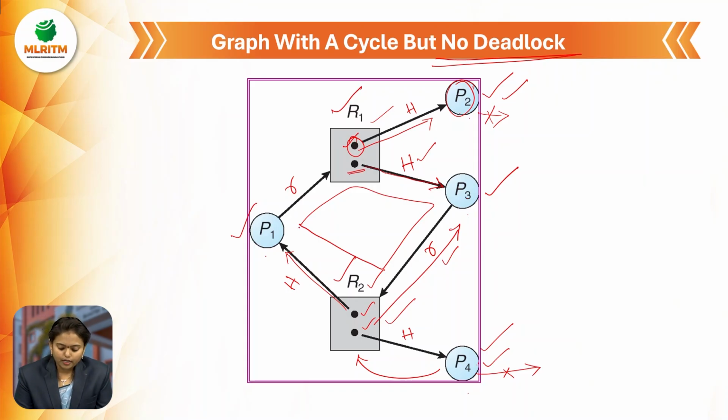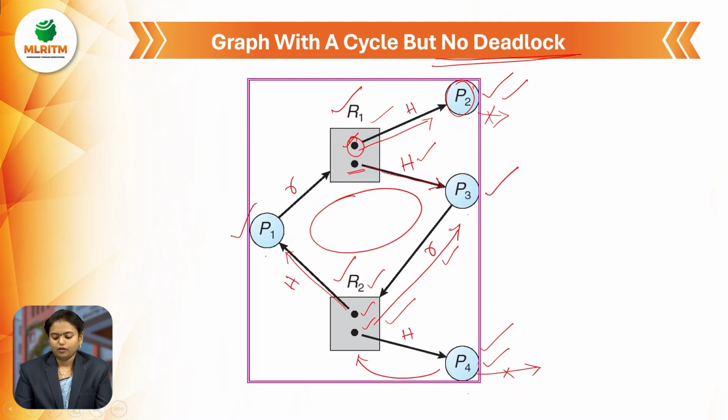Now, is it forming a cycle? See here, it is forming a cycle. P1 is requesting R1 held by P3, P3 is requesting R2, and who is holding R2? P1.